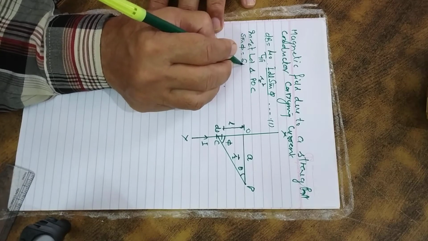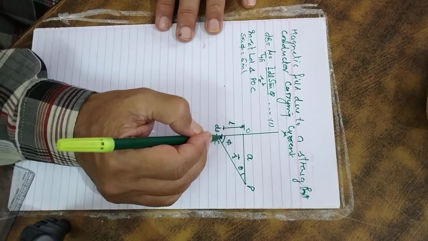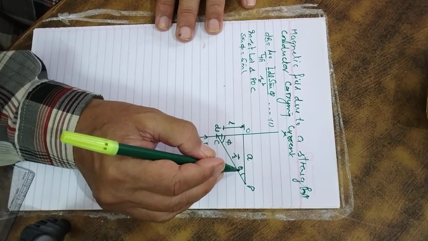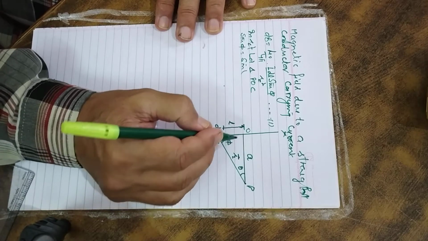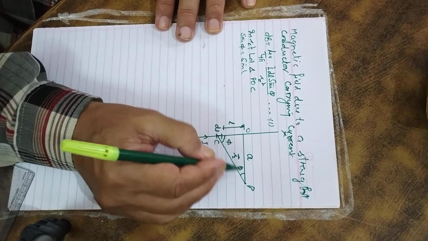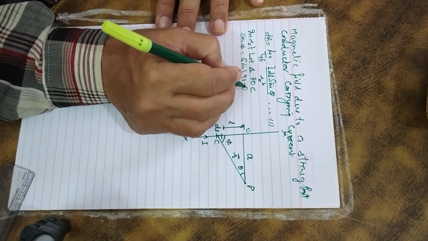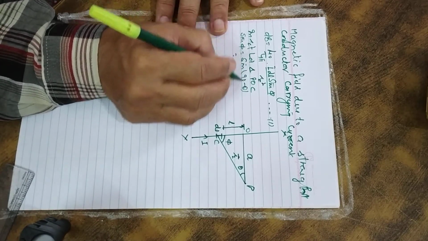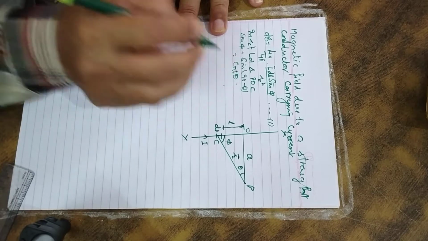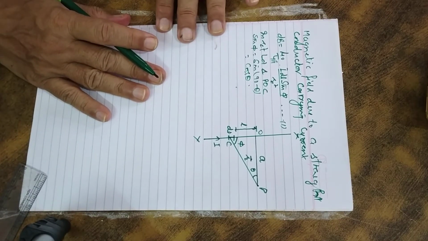This phi angle is 90 minus theta, because this angle is 90 degree. So theta plus phi is 90 degree. So phi is 90 minus theta. Sin of 90 minus theta is cos theta.